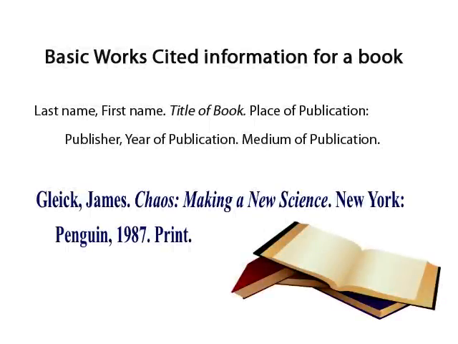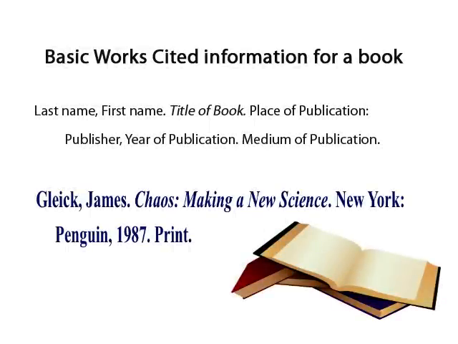Do not indent the first line of each entry, but indent any additional lines 5 spaces. If several cities are listed for the place of publication, give only the first. For the publisher, use shortened names as long as they are clear, and then double space throughout the works cited page.